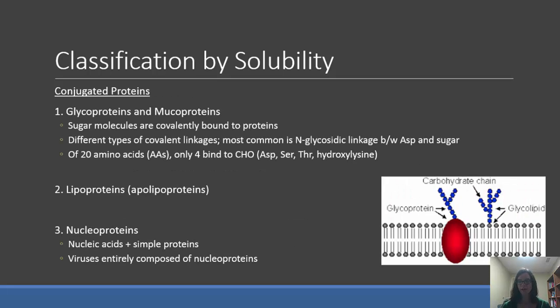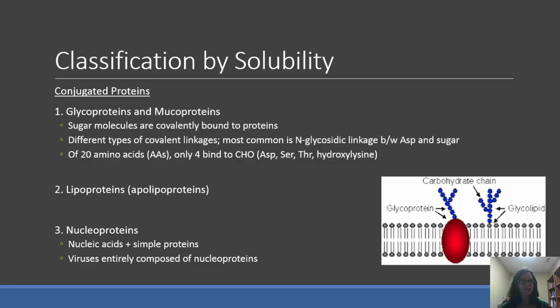Okay, and then we also have our conjugated proteins, where the protein is joined to another type of molecule or macronutrient. So first we have our glycoproteins and mucoproteins.